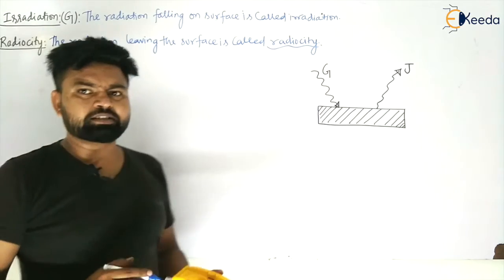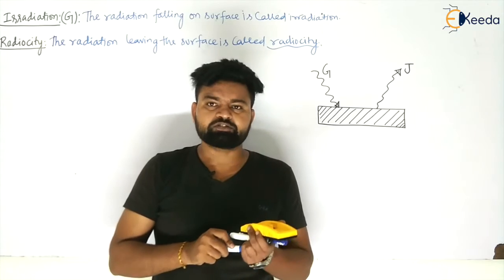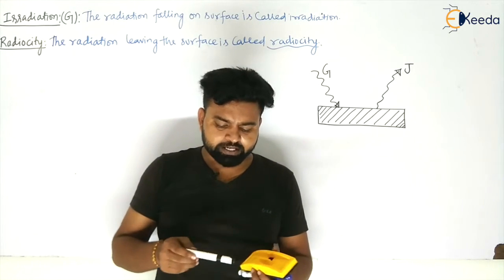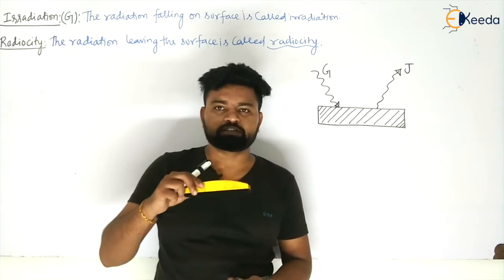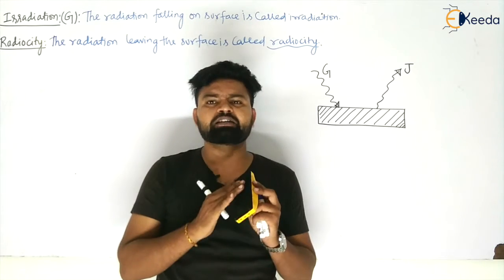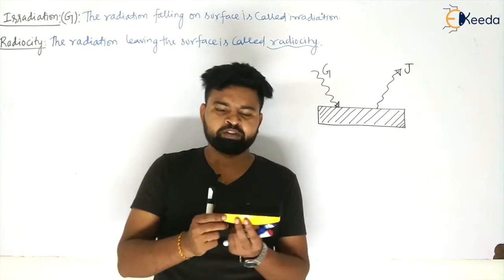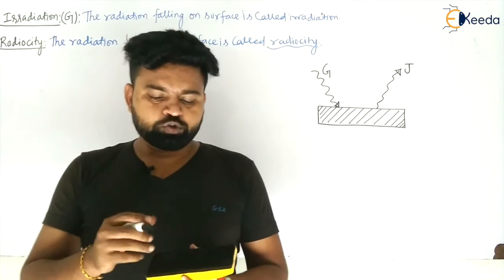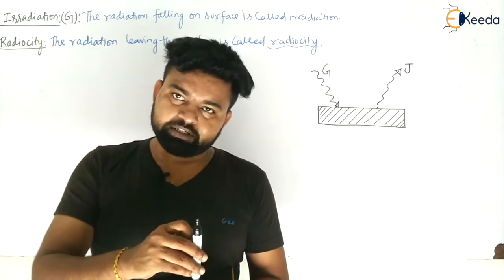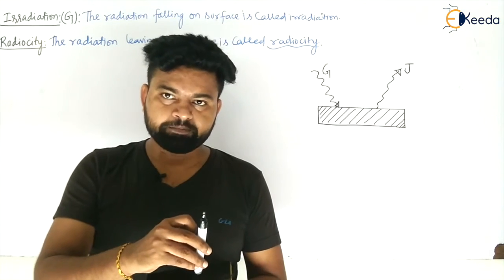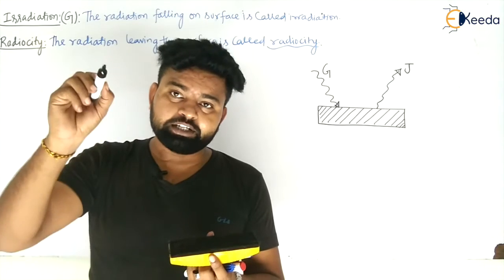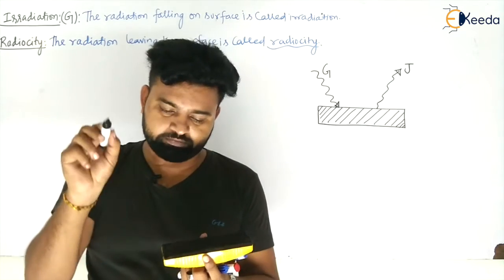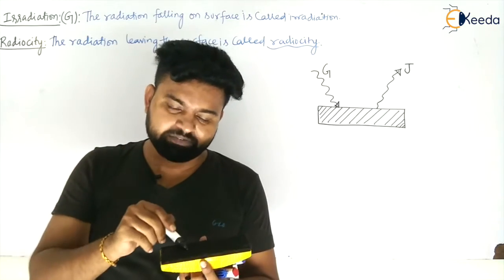So how can we see the radiation which is leaving the surface? Let us understand this concept carefully. Let us say I have a surface. Some radiation is emitted by this surface, and also some radiation coming from outside may be reflected by this surface.